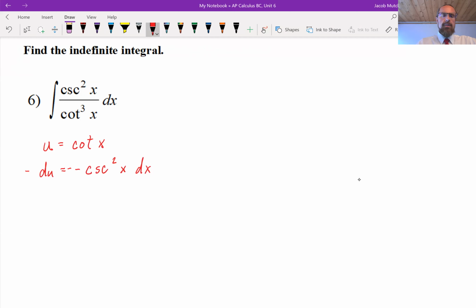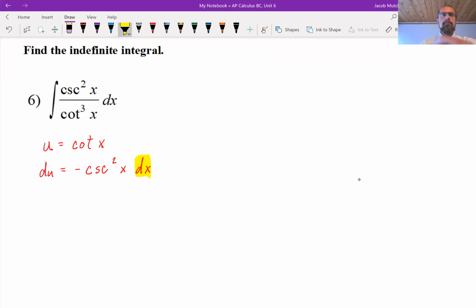So I want to make my substitutions, but before I do so, I need to clean up this second version that I've got here. In fact, let me back off these negative signs. I'm going to define this one in terms of dx, and we'll see in a moment why we need to do that.